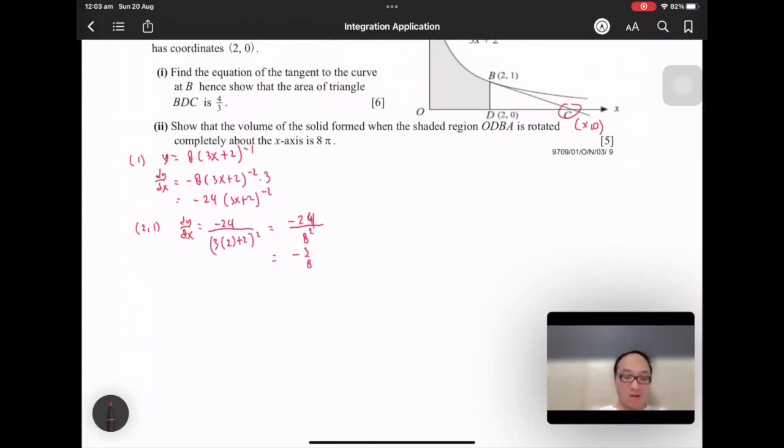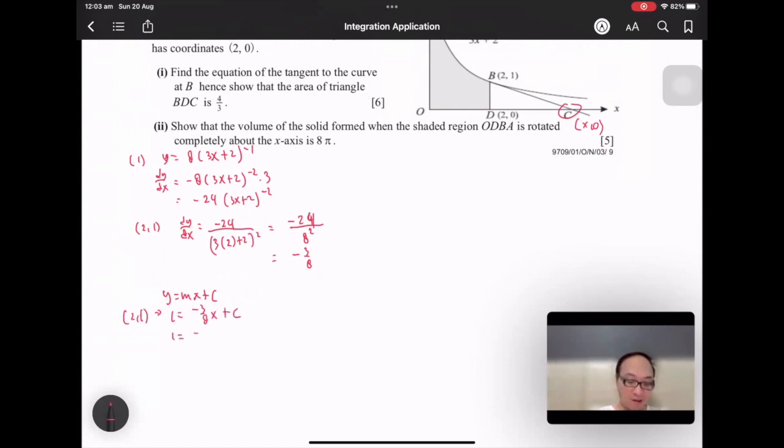So we can find the equation of the tangent, y equals mx plus c. Then using the coordinate B (2, 1), 1 equals -3/8 x plus c.